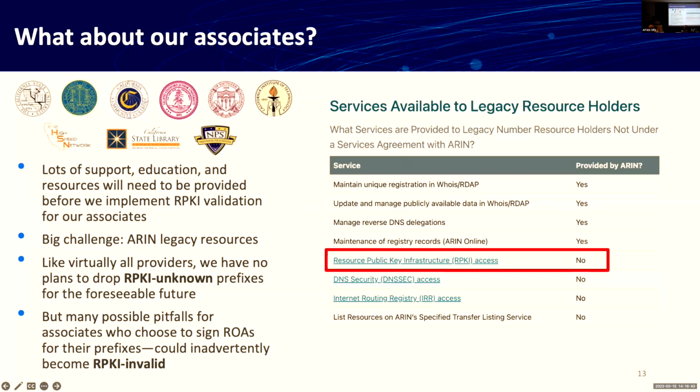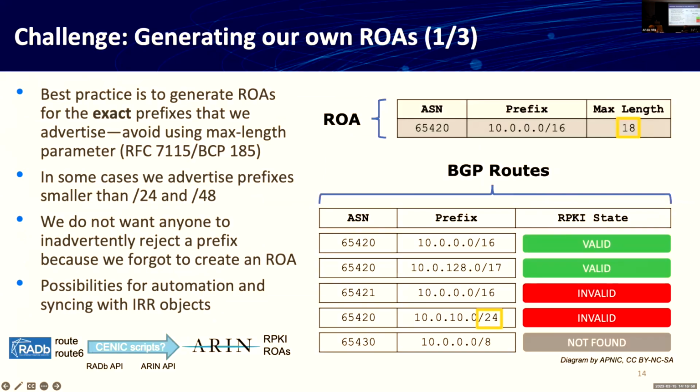But we have no plans to drop our invalids, just like virtually all providers. For associates who do choose to sign ROAs, there are some pitfalls, and the risk is they could inadvertently make their routes invalid. Our previous presenter talked about holey ROAs, and that's what I'm talking about here as well.